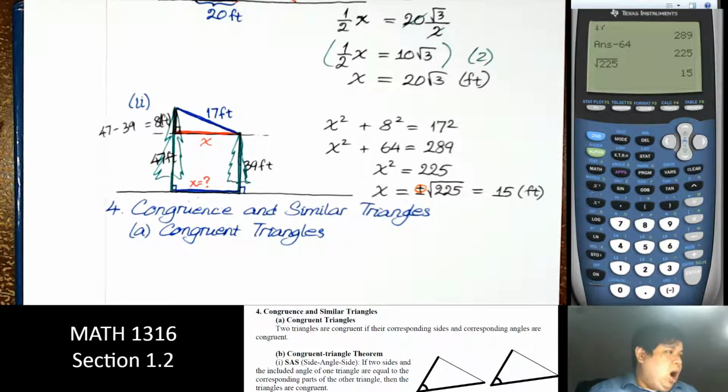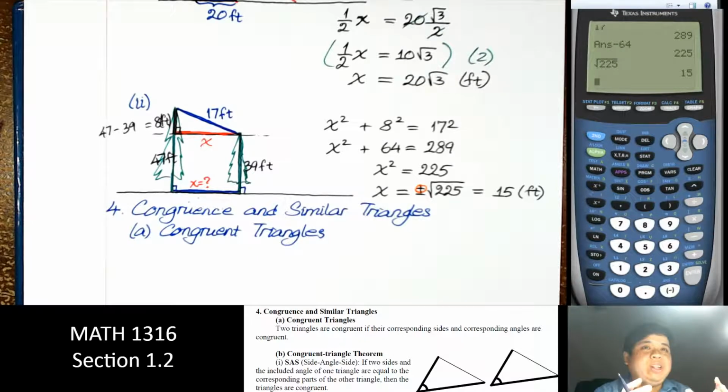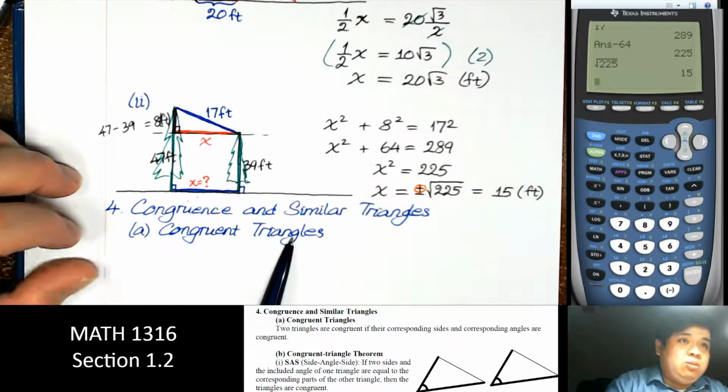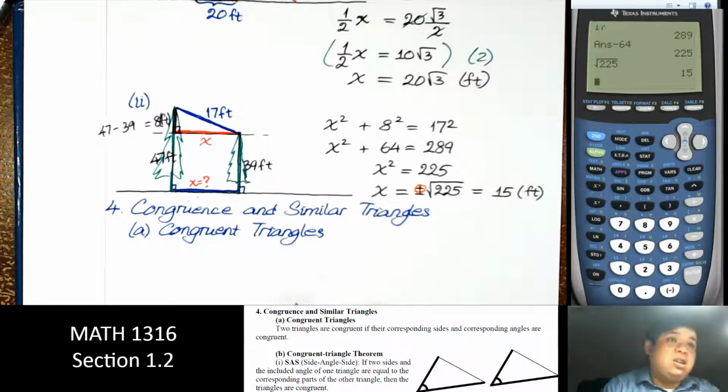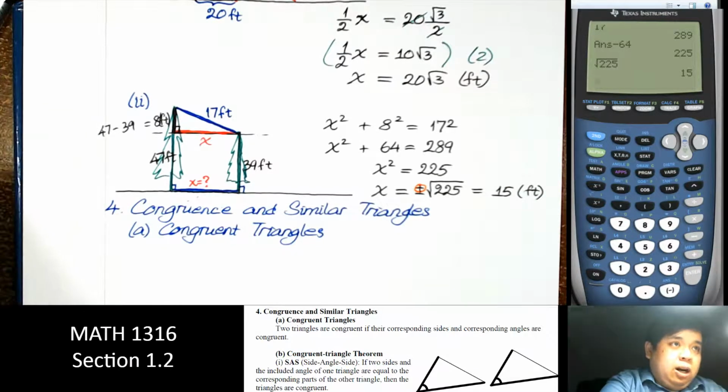Congruent triangles are pretty much all the angles are equal and all the sides are equal. But the reason we use congruent is that when we say equal, we mean the length or the measure of the angle. So congruent triangles, the definition: corresponding sides have the same length, corresponding angles have the same measure.